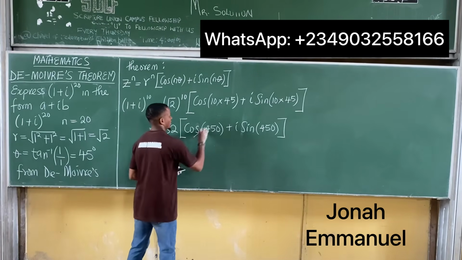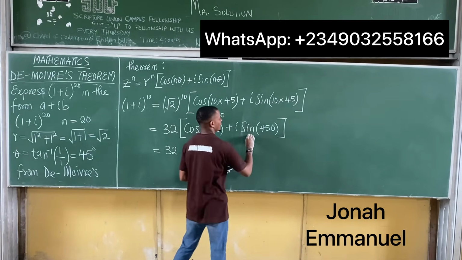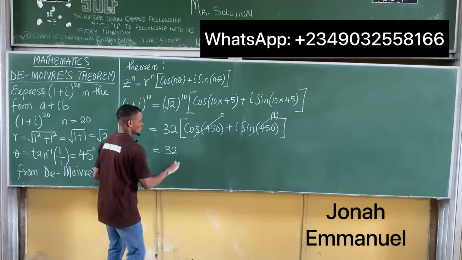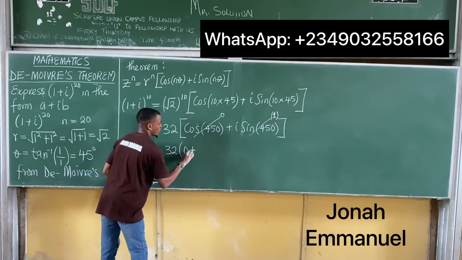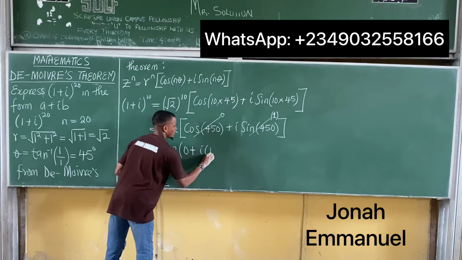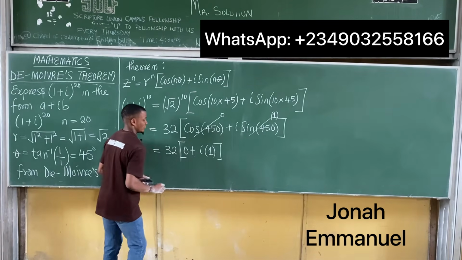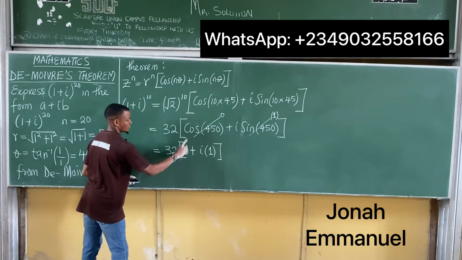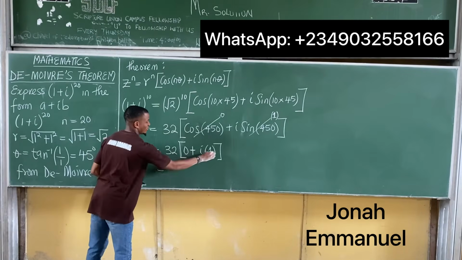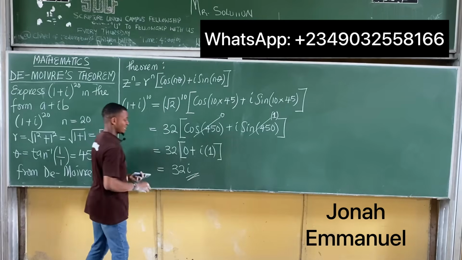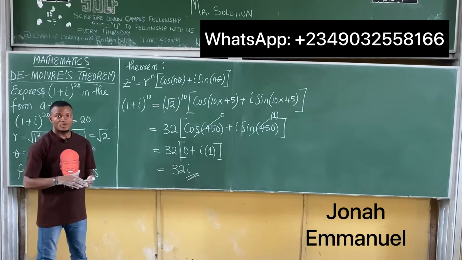Yep, so this one here is 0. Sine 450 gives you 1. So that is equal to 32 into 0 plus i times 1. So 32 times 1 times i gives you 32i. So that's how we solve this question.